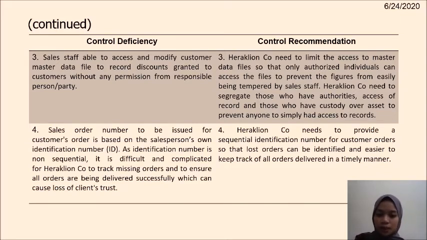So what Heraklion company needs to do is provide a sequential identification number for customers' orders so that lost orders can be identified and it is easier to keep track of all orders delivered in a timely manner.